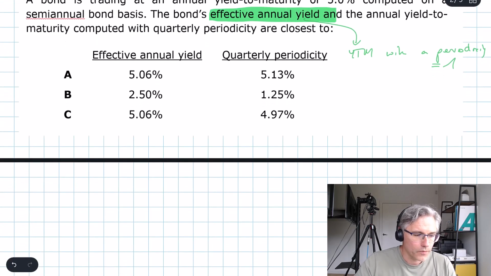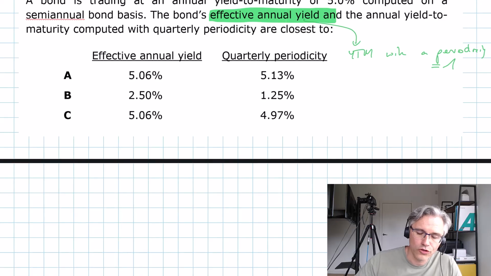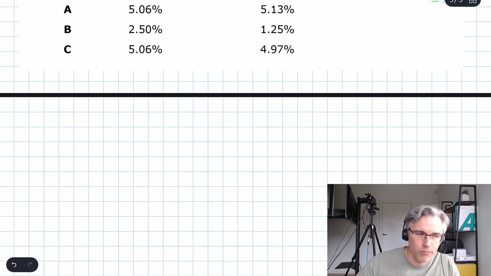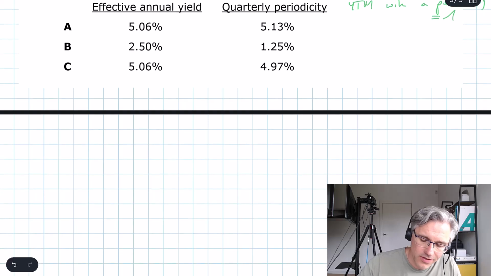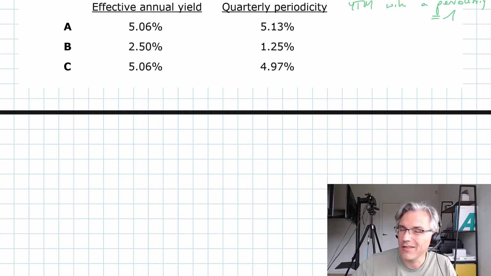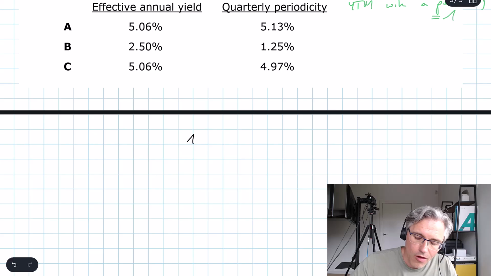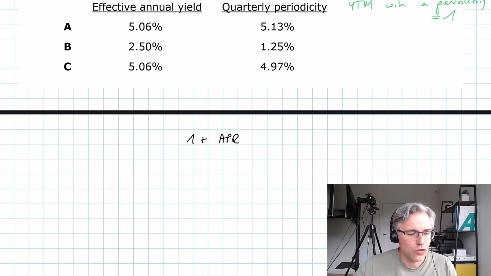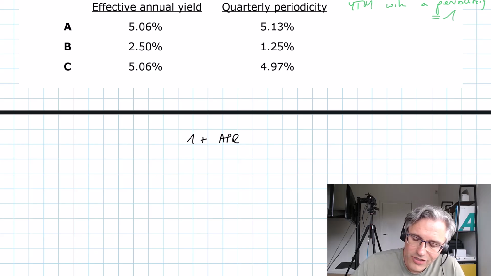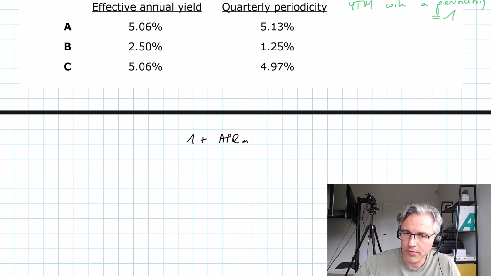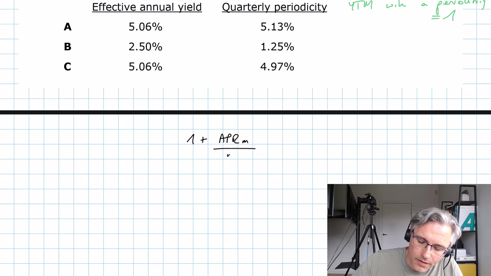Now, what you ought to appreciate, and what's at the bottom of all these computations, is the following relationship. 1 plus the APR. APR, as used in this section of the curriculum, stands for annual percentage rate, but this is basically the same as yield, computed with a certain periodicity, let's make that periodicity m, divided by m, to the power of m.